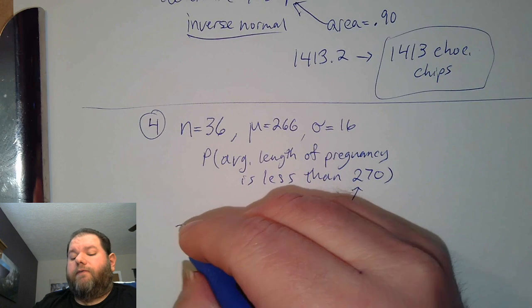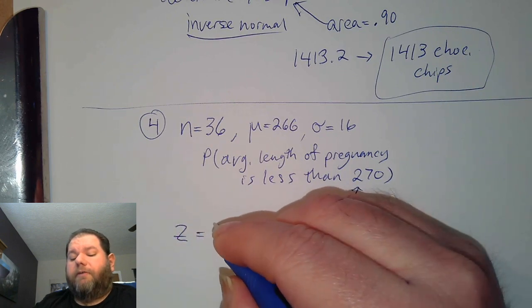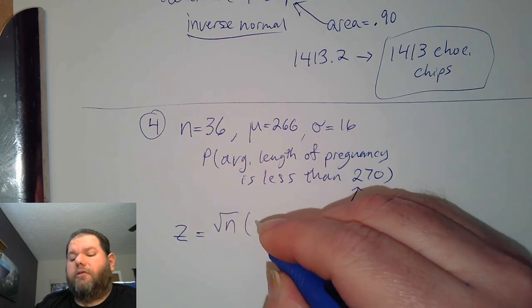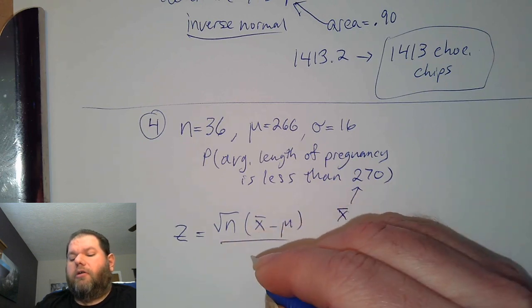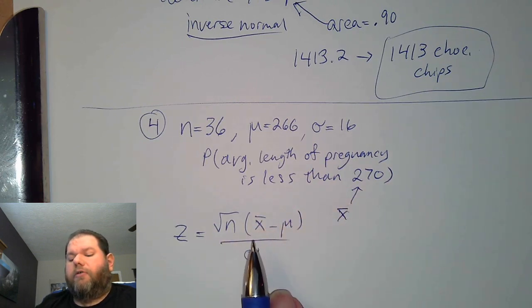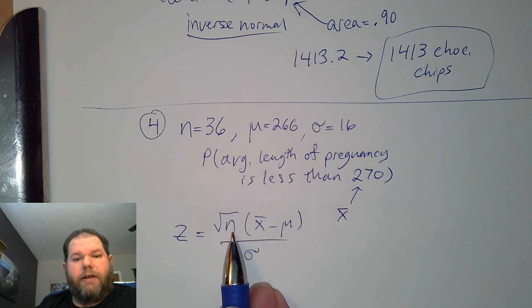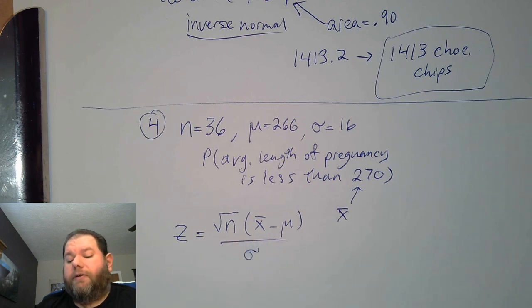Now our z-score formula is a little bit different here, because we also incorporate the sample size n into the calculation. So we use z equals square root of n times (x bar minus mu), and then the whole thing is divided by sigma.